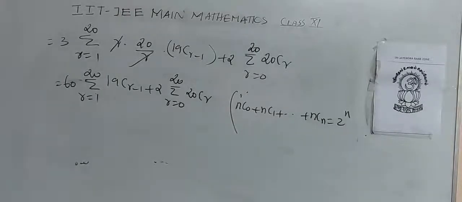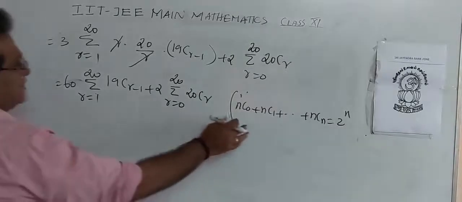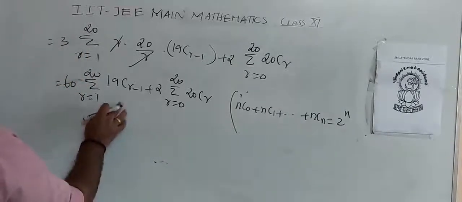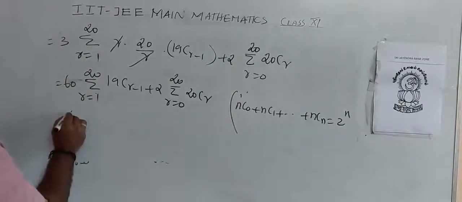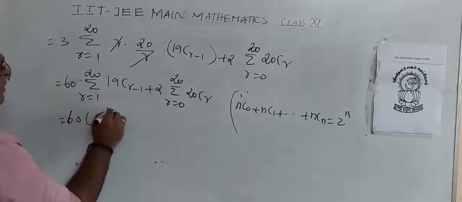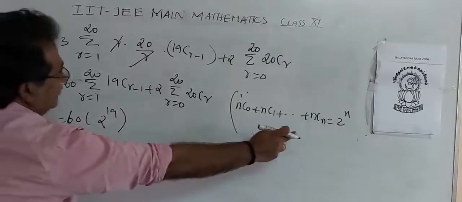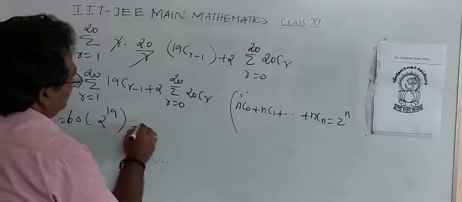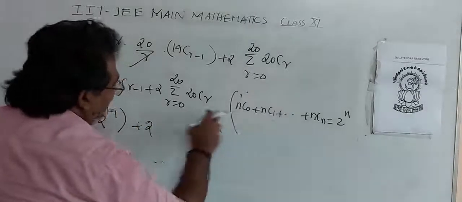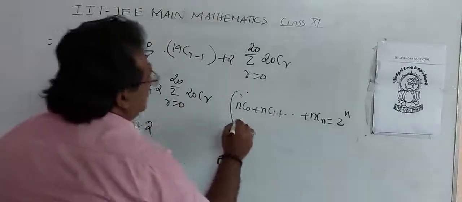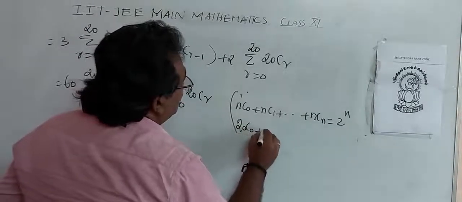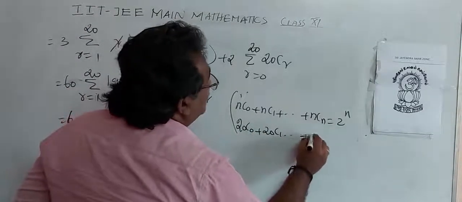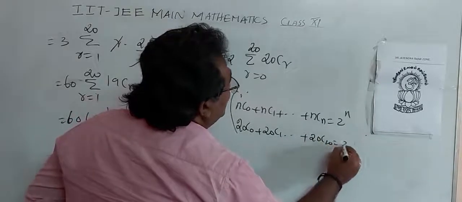If we expand using this formula, here we will have 19 terms. So 60 into 2 power 19. If we use this formula, 20C0, 20C1 up to 20C20, that is 2 power 20.